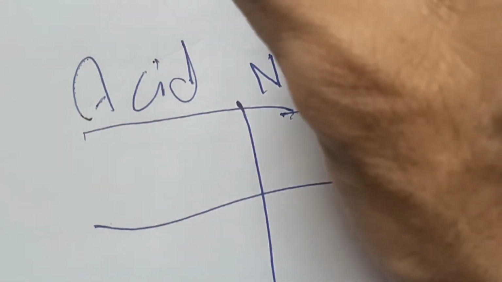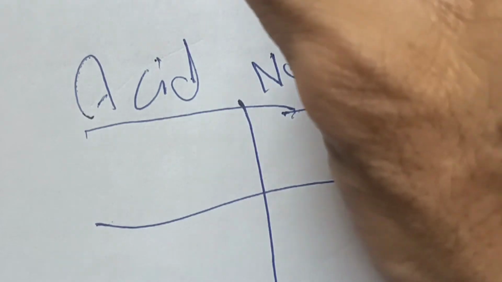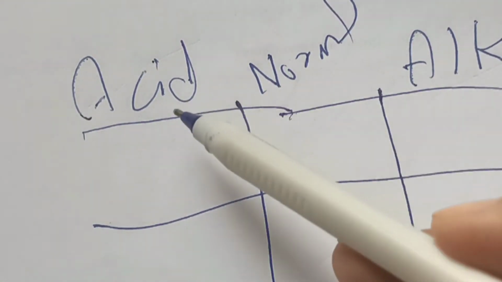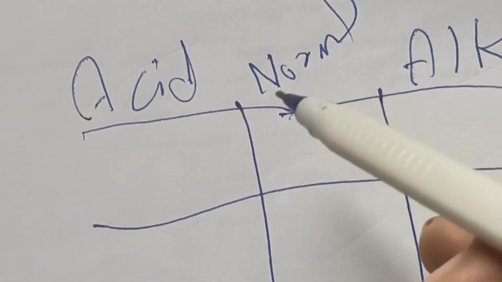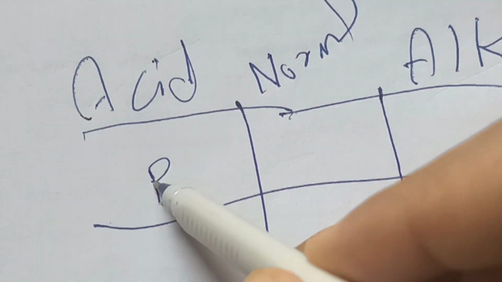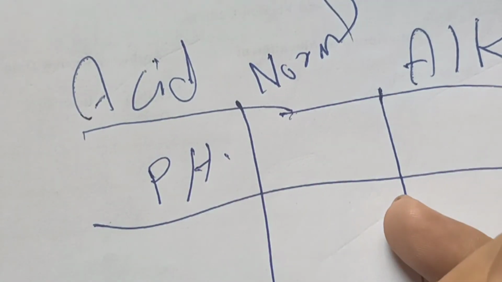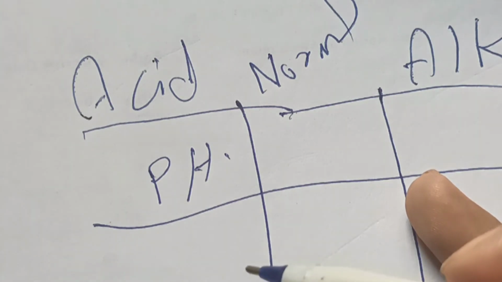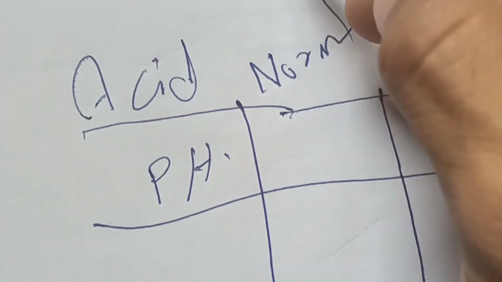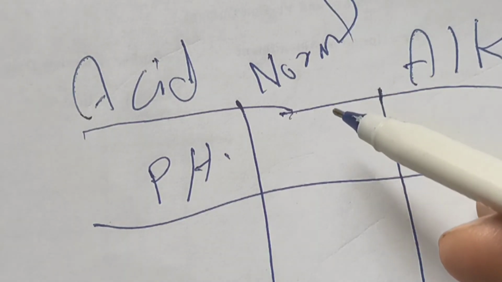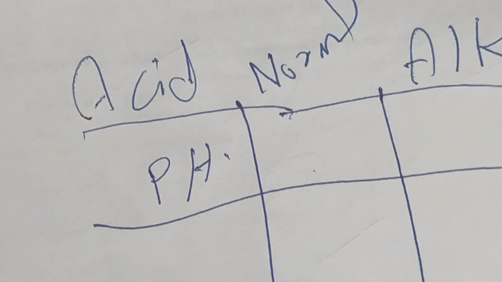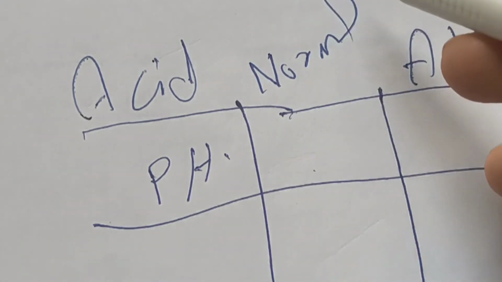So what is the pH? We said pH is 7.23. Will 7.23 come under acidotic, normal or alkalotic? It will come under acidotic. We'll write the pH here. Next, PaCO2 is 50. Is it acidotic, normal or alkalotic? Higher PaCO2 means acidotic, because PaCO2 is more in the blood.